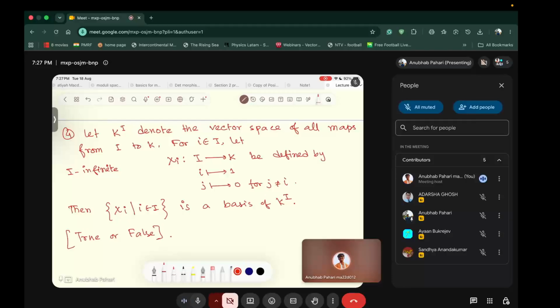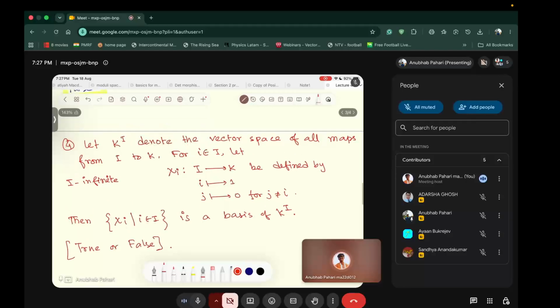There are two cases. We can also take I to be finite. It would be interesting to discuss both.